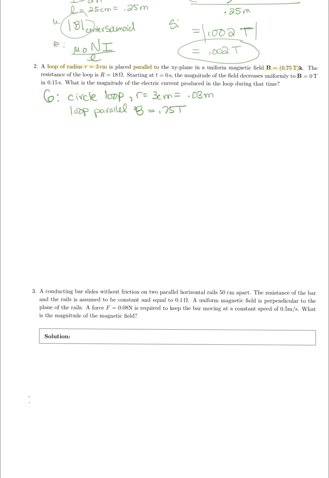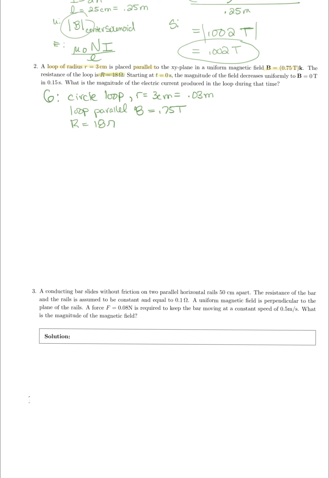Okay, and then we have that the resistance of our loop is R equals 18 ohms. So we have R equals 18 ohms. And then it says starting at t equals 0 seconds.